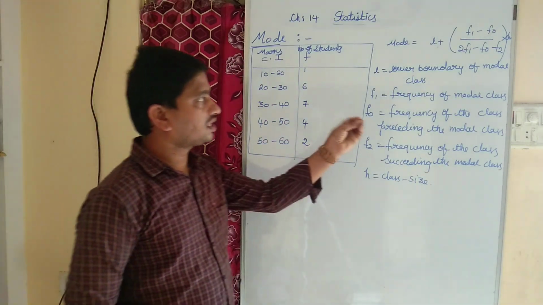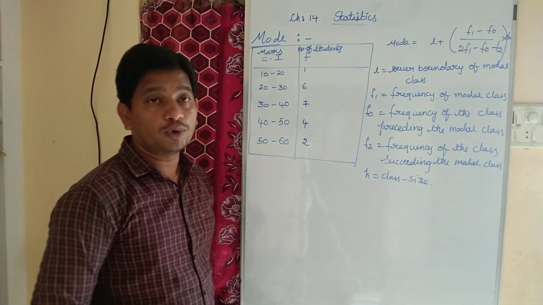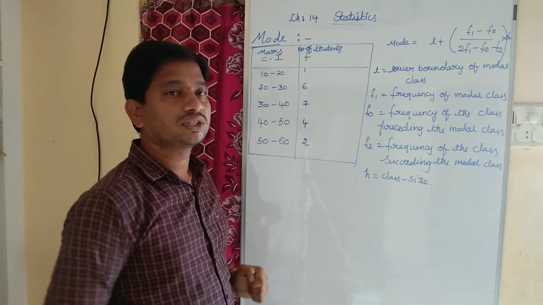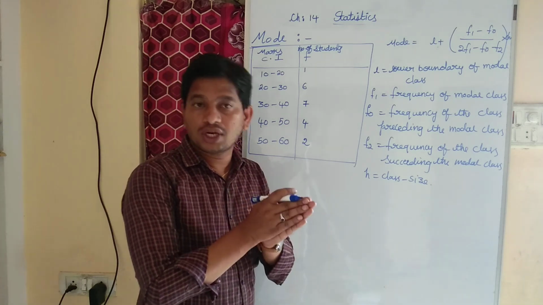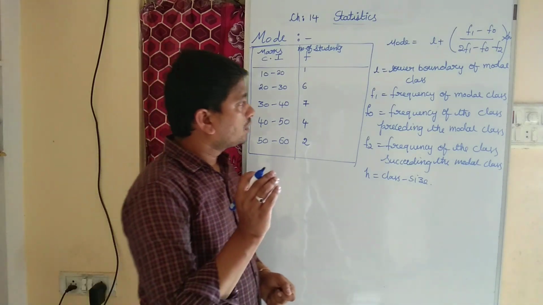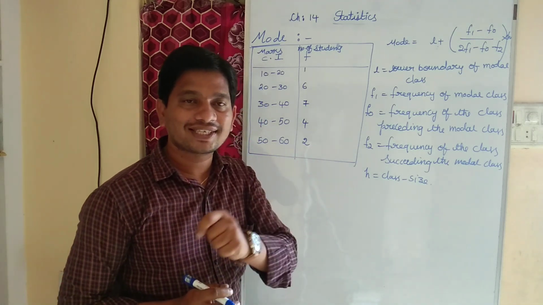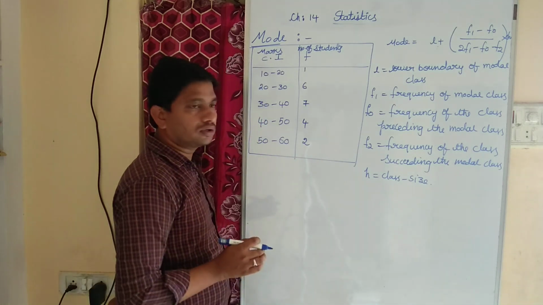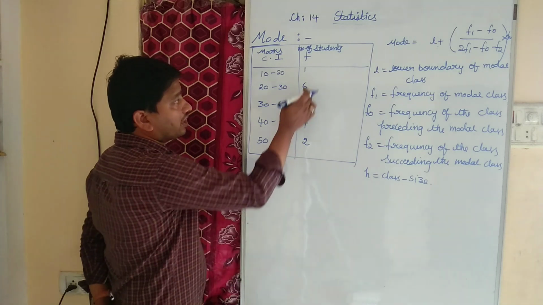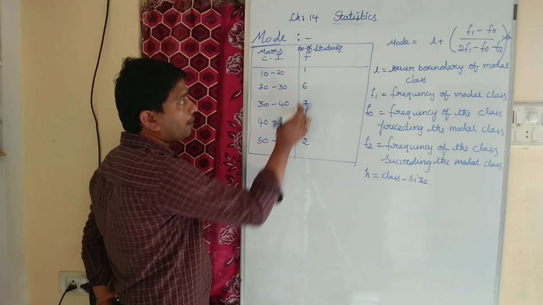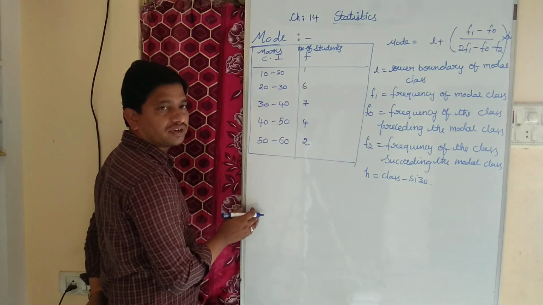What are the terms involved in the formula of mode? L is the lower boundary of the modal class. Then how to find the lower boundary of the modal class? Let us see what is F1. F1 is the frequency of the modal class. If you observe the frequencies of the given data, which is the highest frequency?